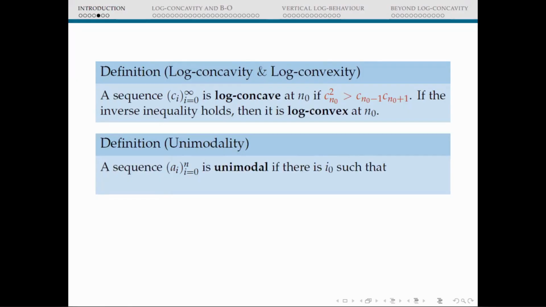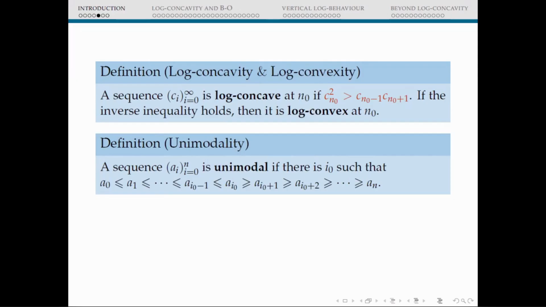There is also another thing related to log-concavity and log-convexity. It's called unimodality. Here we consider a finite sequence. It also can be infinite, but for simplicity I assume that it's finite. We say that it's unimodal if there is some point i0 such that the sequence is weakly increasing up to that point i0, and after that it is weakly decreasing.